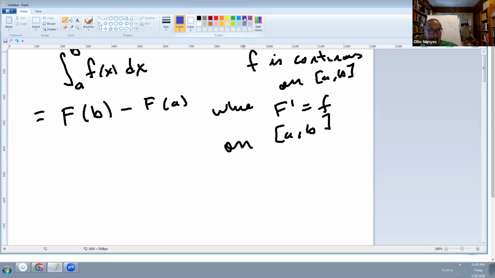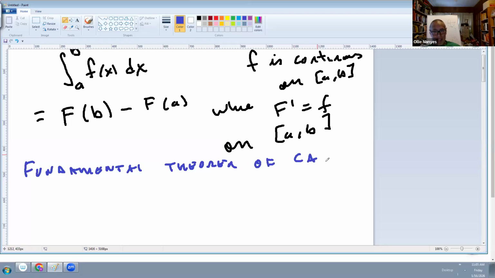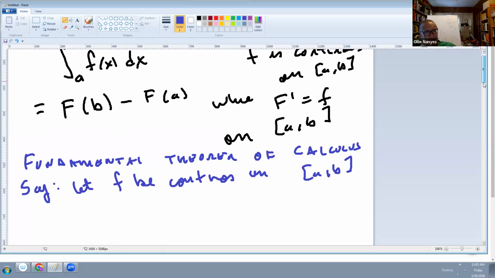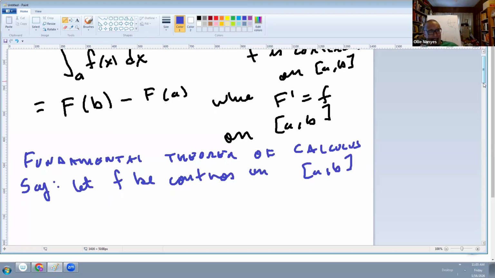What the fundamental theorem of calculus actually deals with, and I'll just write it down, is this. Let f be continuous on some closed interval. You can actually relax that a little bit, but we're not going to worry about relaxation here.